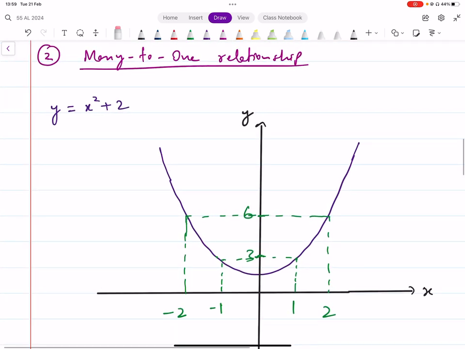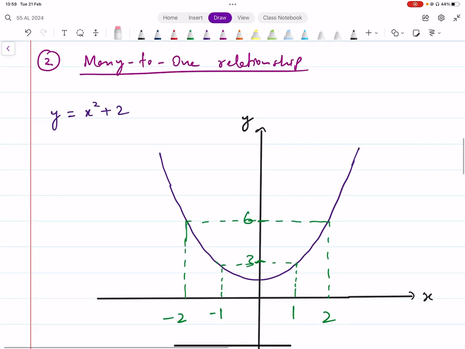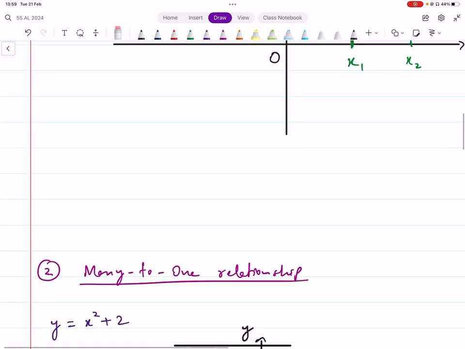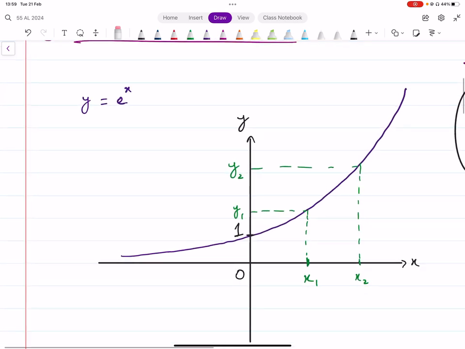We have a test that we use sometimes to figure out whether a function is one to one or not. Graphical test है. वो क्या है?